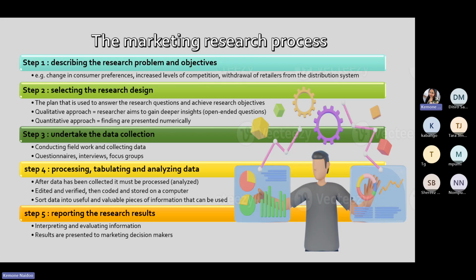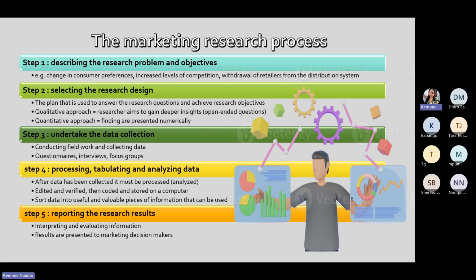Maybe there's been a change in consumer preferences. Maybe there's new competition. So these can be our problems, okay? Or the objectives could be that we want to increase brand awareness, or maybe we want to target more consumers. So that can be an objective. So we just need to describe and identify what the problem or the objective is.